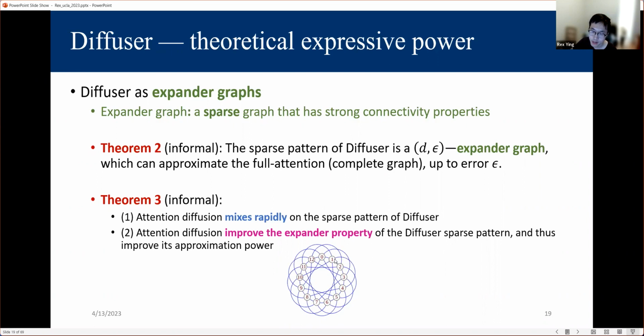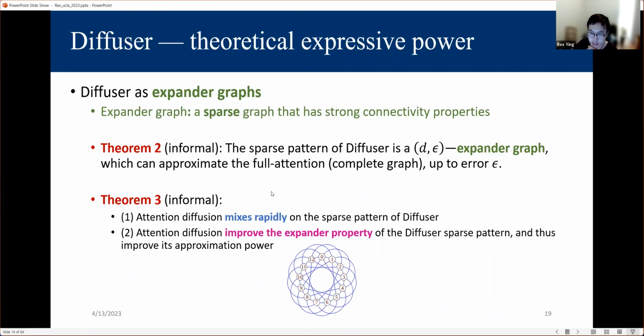The path from any token to any other token is pretty short. This is just an example of an expander graph, and we use proofs to show that Diffuser, after the diffusion of the attention, can also become a d-epsilon expander graph. This is an informal description, but the detailed proof is in the paper.